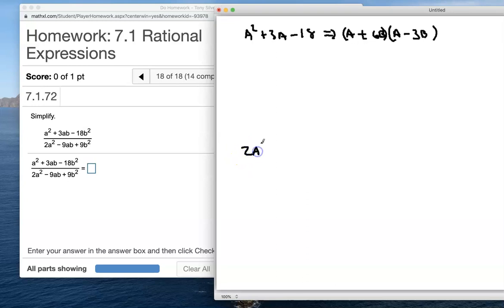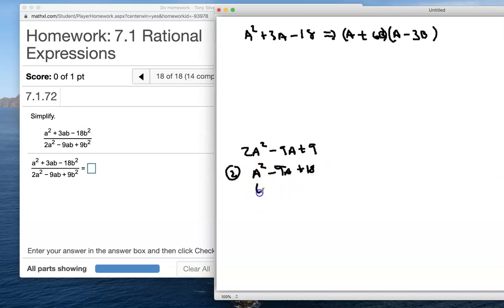2a squared minus 9a, forget the second variable, plus 9. I got to use a magic number. Can't pull anything out, so the magic number is 2. So what we got to do is factor a squared minus the middle term. But 2 times 9 is 18.